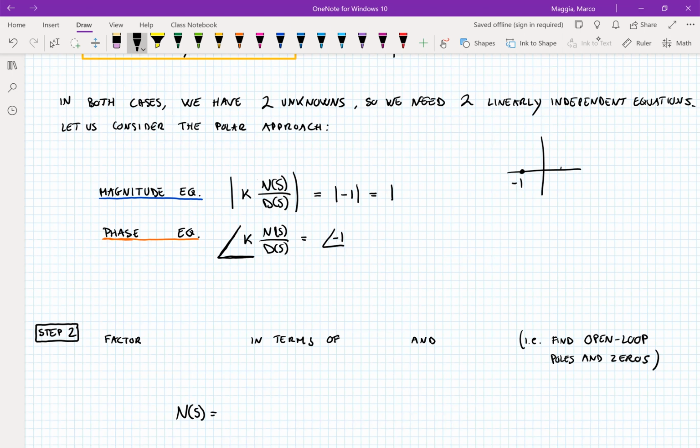So the angle that it makes with the positive real axis is 180, or -180. It's the same thing. It's the same angle. And if we wanted to use the actual arctangent formula, we'll have arctangent of the real part, which is -1, over the imaginary part. Sorry, the other way around.